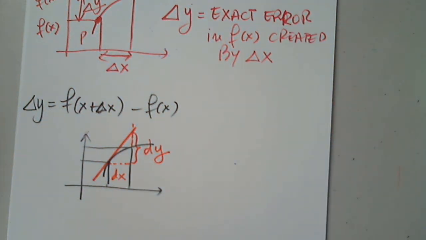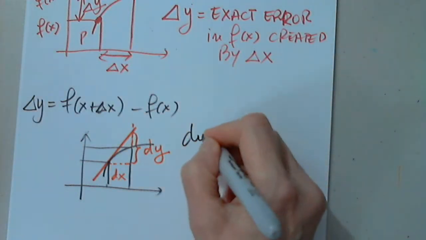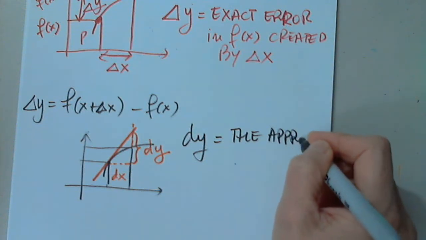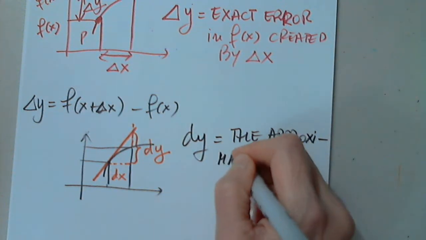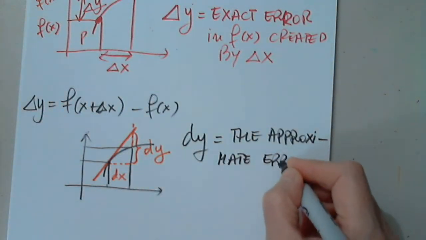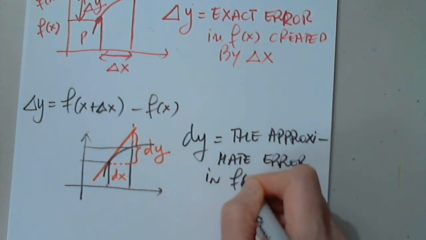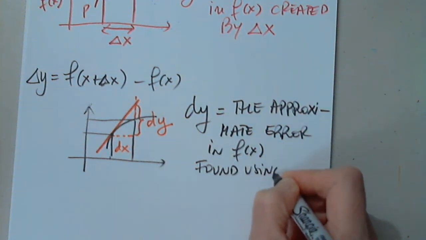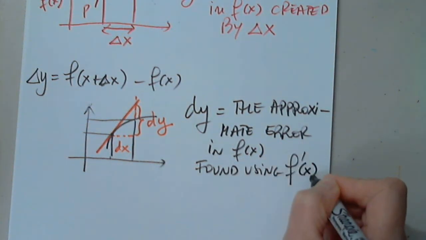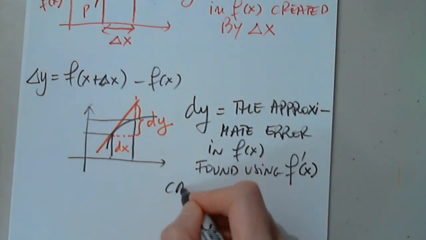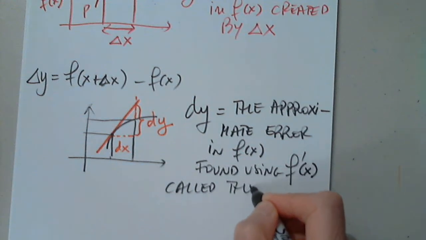So what is dy? dy is the approximate, it's not the exact, the approximate error in f of x found using f prime of x. And it's called the differential of y.